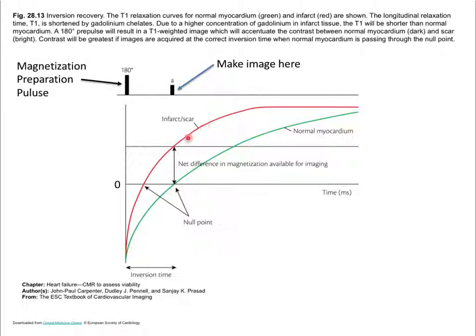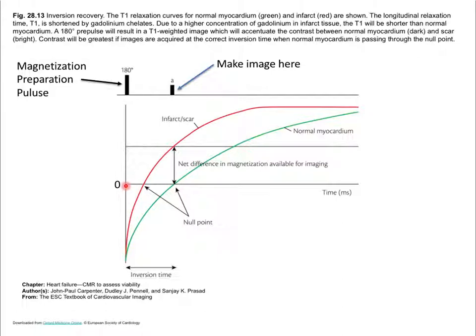So we have a faster recovery towards equilibrium in the infarct. And so what we can do to create the best contrast possible between the normal myocardium and the infarcted tissue is apply a 180-degree pulse, and that inverts the Z magnetization from M0 to minus M0.